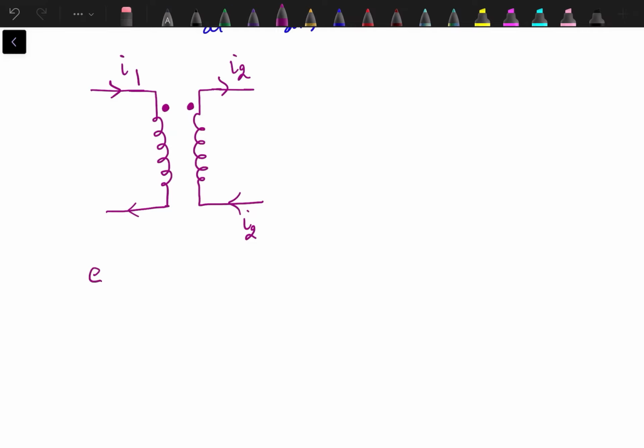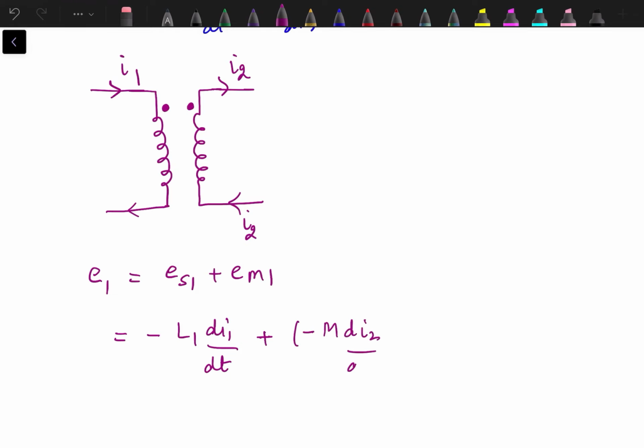In this case, the induced EMF in the first coil, which is the sum of its self-induced EMF and mutually induced EMF, will be equal to minus L1 di1 by dt, then we have the value of this mutually induced EMF as minus M di2 by dt.